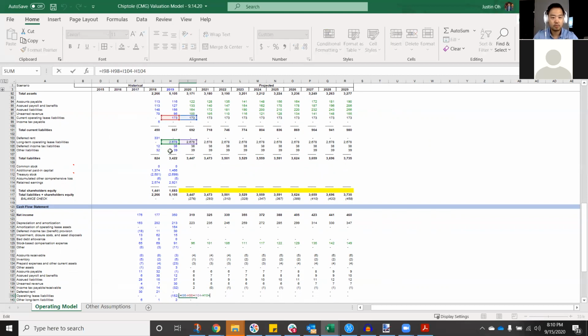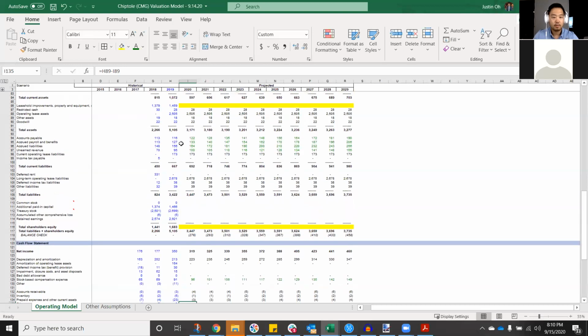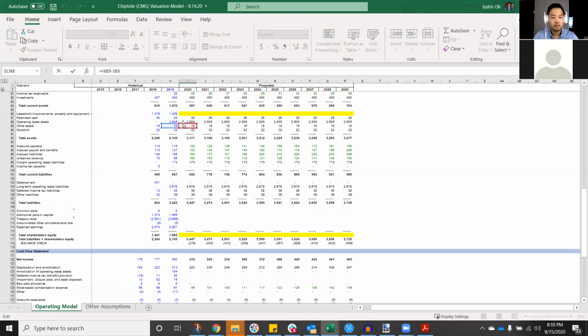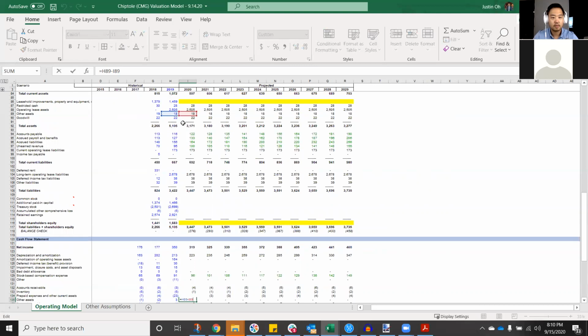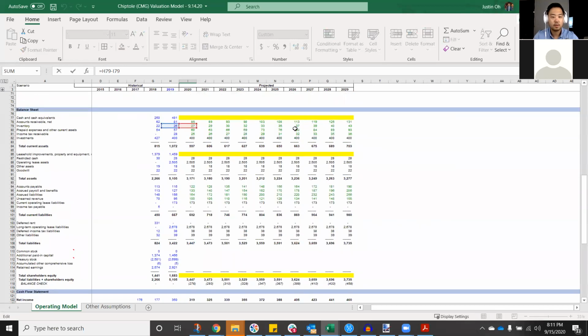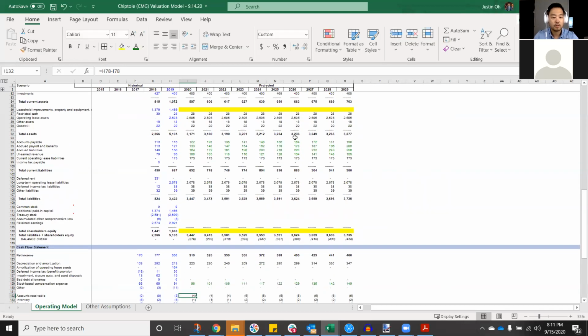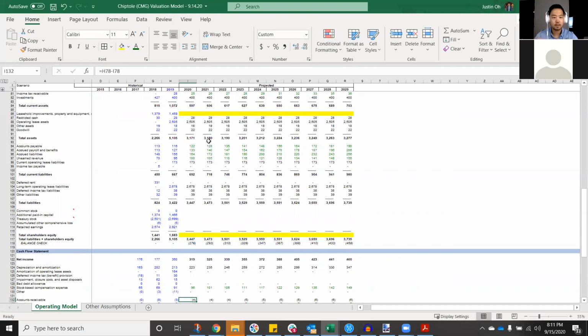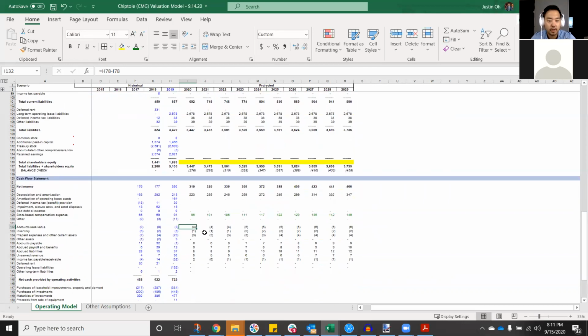Just making sure all of our liabilities are covered. Okay, they are. Let's see if all of our assets are covered. Goodwill is not covered, so I have to cover that, this minus that. It seems like a few things aren't covered, but we'll figure that out.